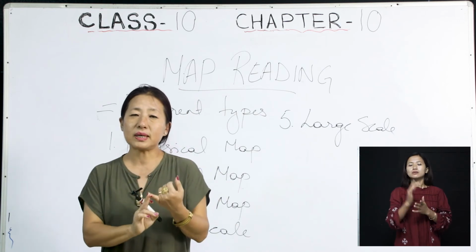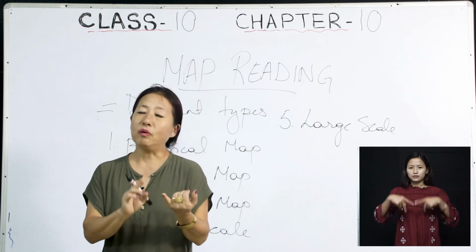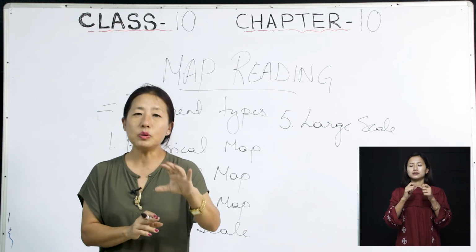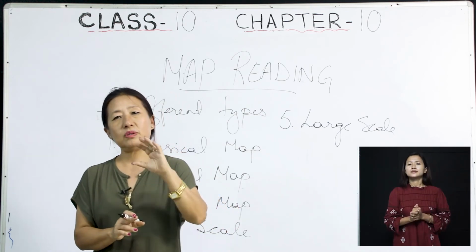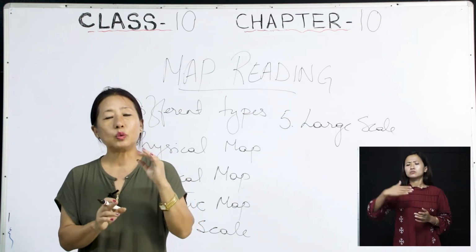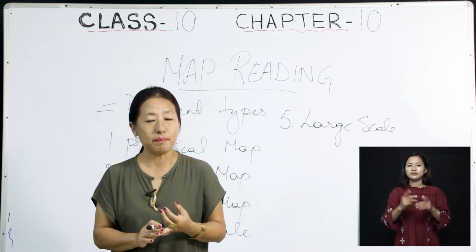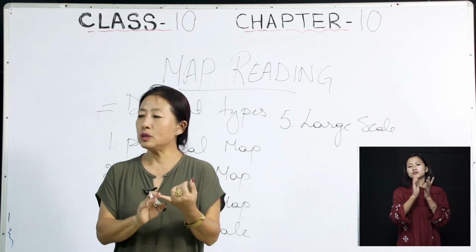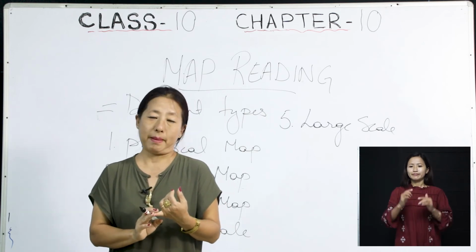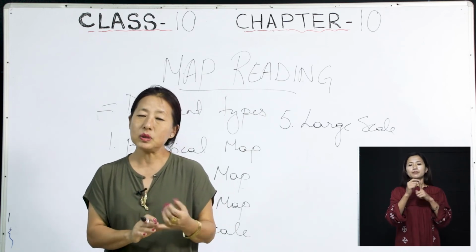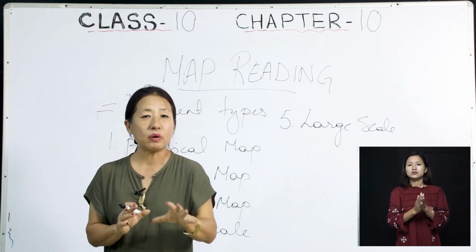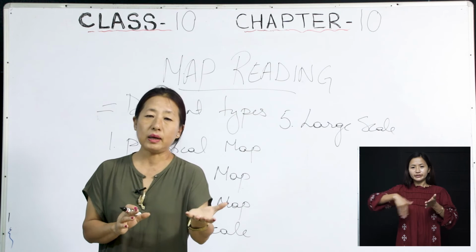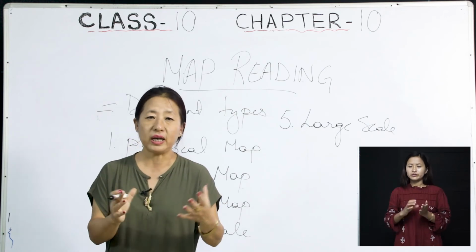Number one, we have discussed the physical map. Physical maps are those maps that show us the mountains, the rivers, and so on. The second one is the political map. Political maps show the boundaries of a country, a state, cities, towns, villages, and so on.